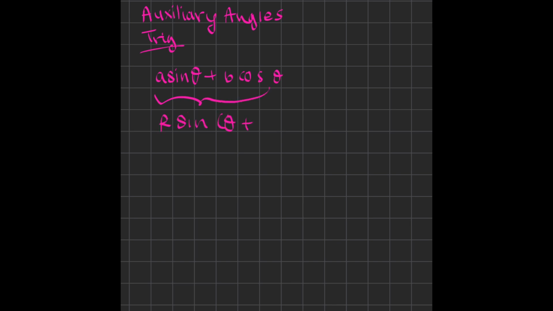So today we'll be going over auxiliary angles. What is this? This is a component of trig, and it's basically somewhere along the lines of, we have a sine theta plus b cos theta, and we want to express this whole thing in terms of r sine theta plus alpha, or r cos theta plus alpha, or r sine theta minus alpha, or r cos theta minus alpha, right?